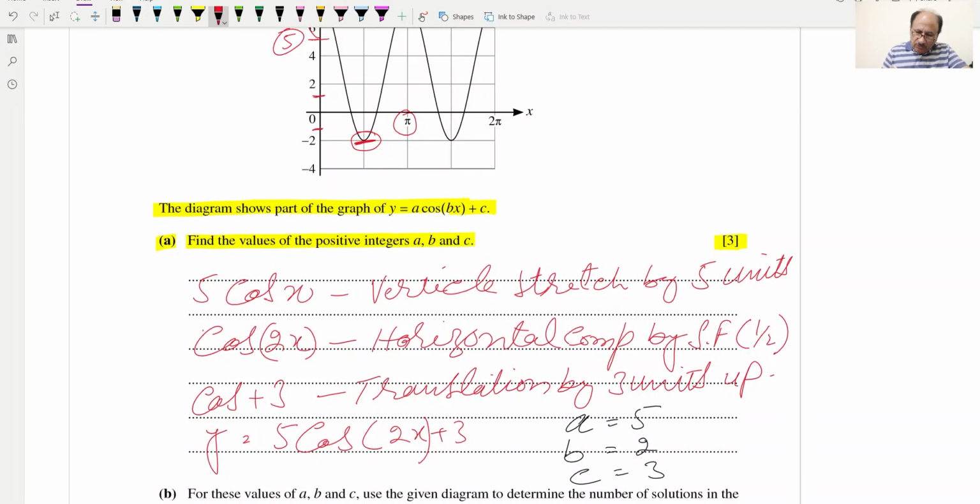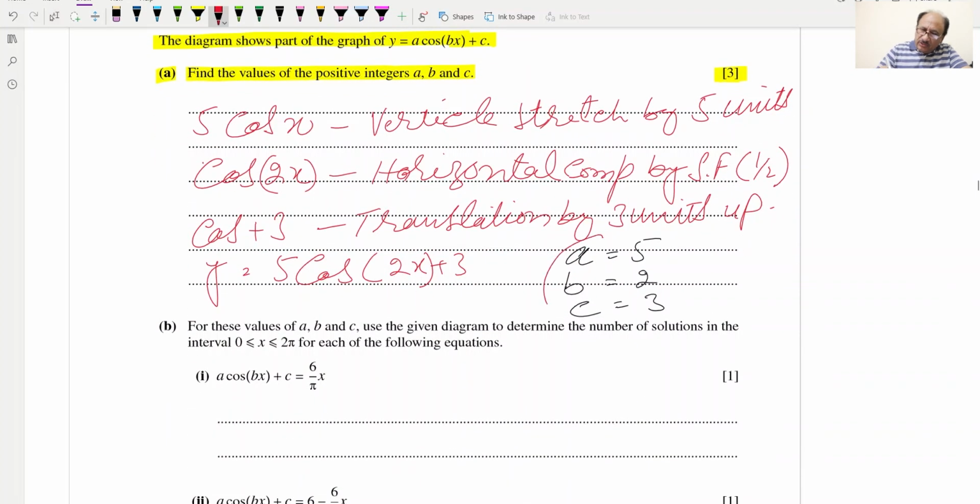This one. Now this is basically the correct way to write 5 cos 2x plus 3. So the ABC values which are required are these, and I have explained it by the help of transformation.